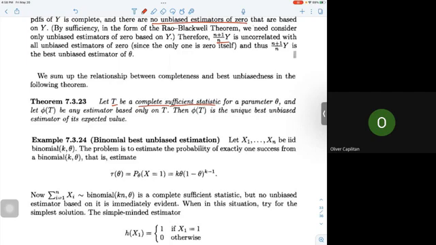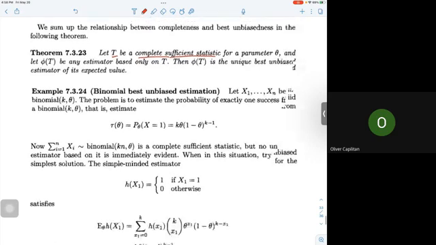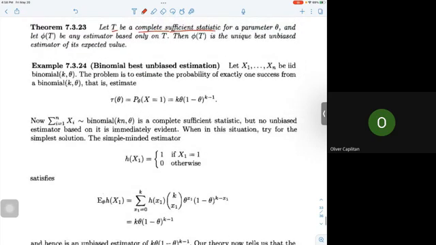Ano nga ibig sabihin niyang the best, makita lang natin yan the last example. Let T be a complete sufficient statistic for a parameter theta, and let phi of T be an estimator based only on this complete sufficient statistic. Then this function of the complete sufficient statistic is the unique best unbiased estimator of its expected value.